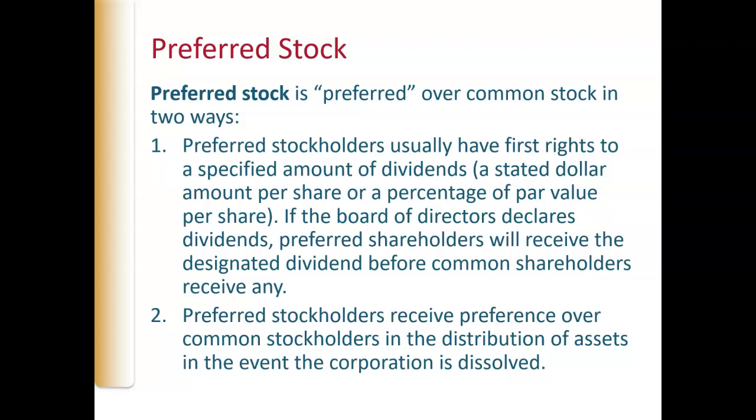If the board of directors declares dividends, preferred shareholders will receive their designated amount of dividends before any common shareholders will. And in the event a company dissolves, the preferred shareholders have first dibs in the distribution of the assets over the common shareholders.